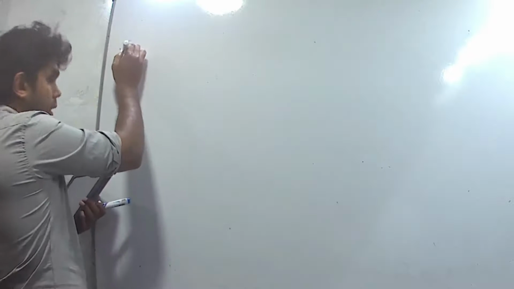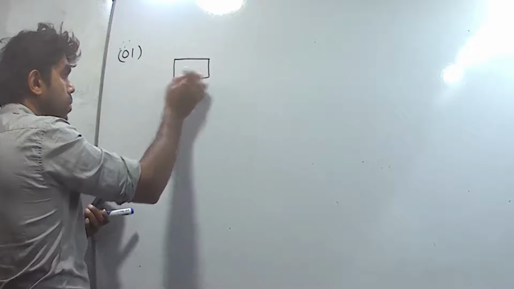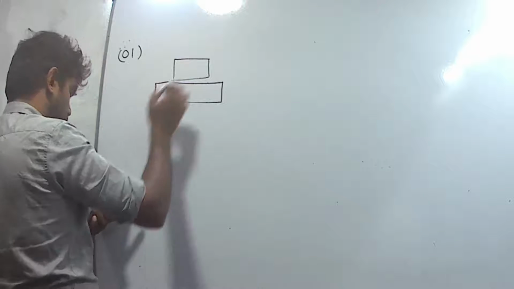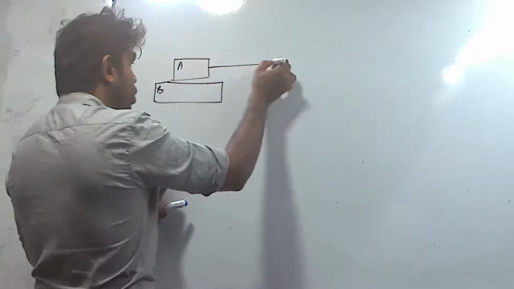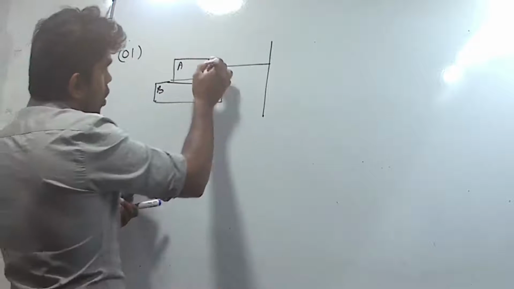There are two objects, A and B. A is connected to the wall by using a rod.